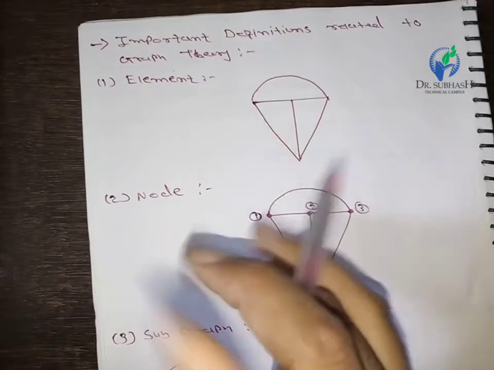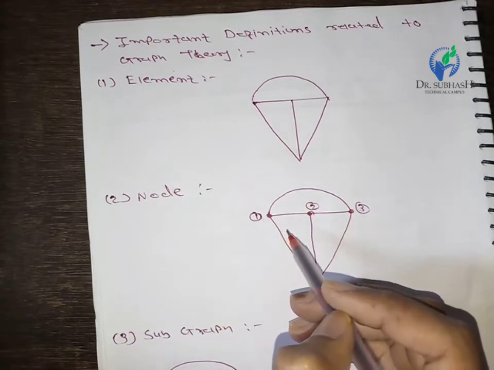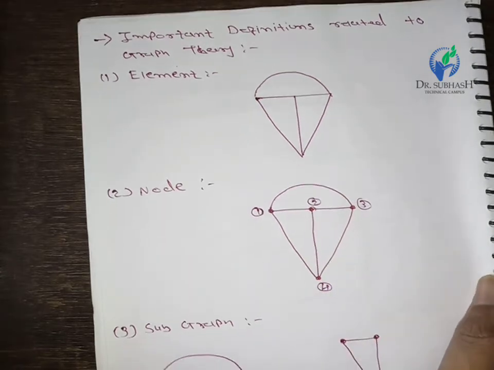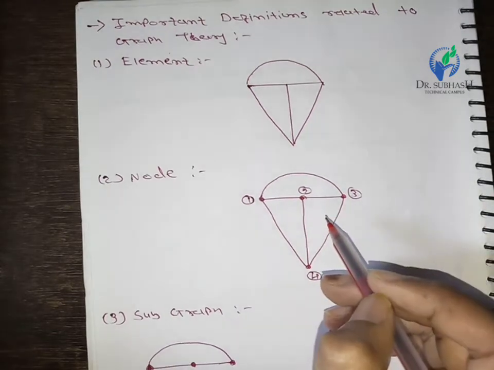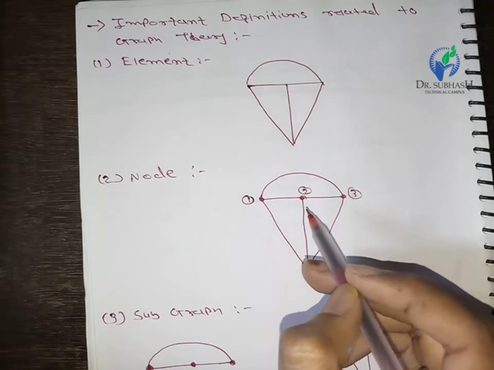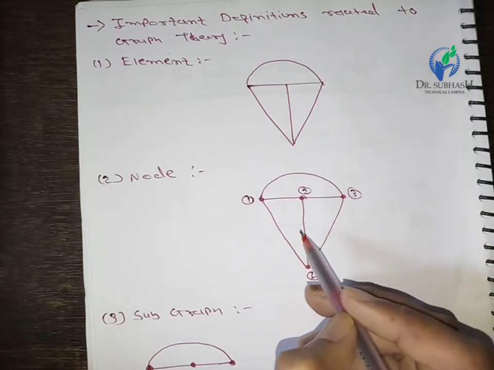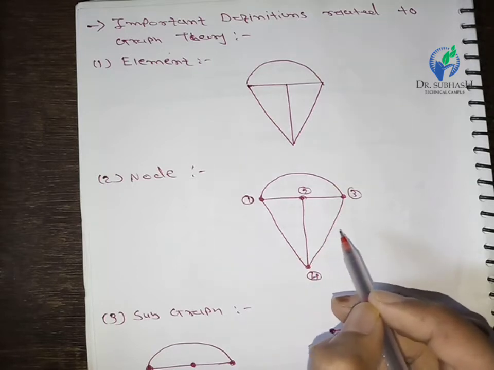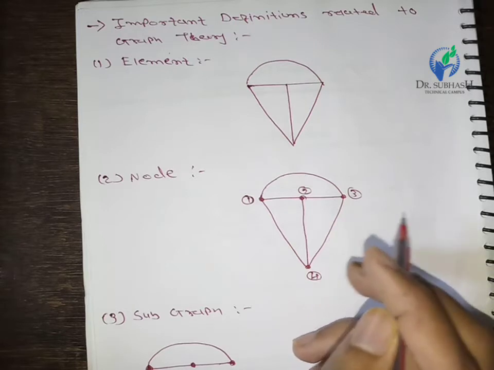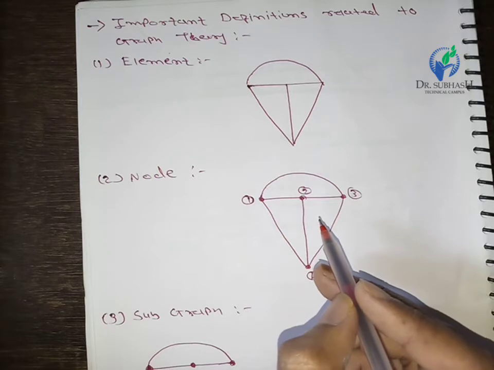The second point is node. It is defined as a point at which two or more elements have a common connection. If the power system network has a total number of nodes equal to n, one node is always considered at ground potential and the remaining n-1 nodes are at buses, which are the sources where power is injected.